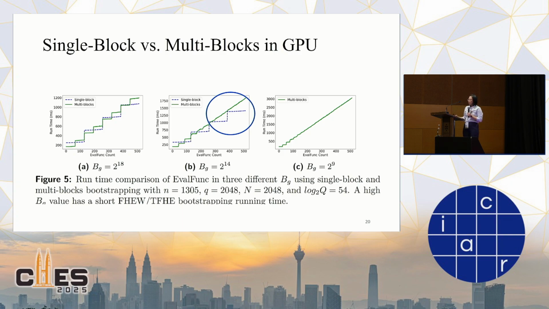However, figure B shows that when bootstrapping requires more thread blocks and multiple bootstrapping runs concurrently, the performance will decrease. This is likely due to overhead from using more than 2 SMs, causing less efficient memory use and higher synchronization costs.